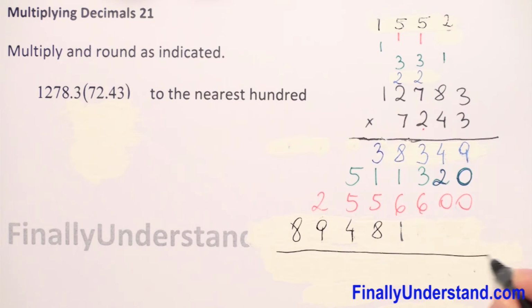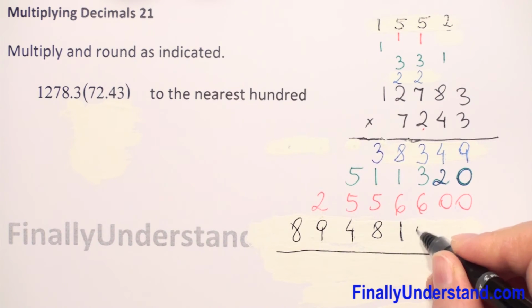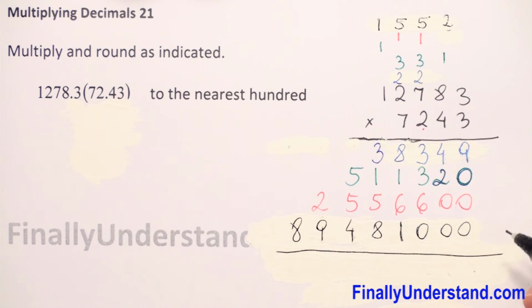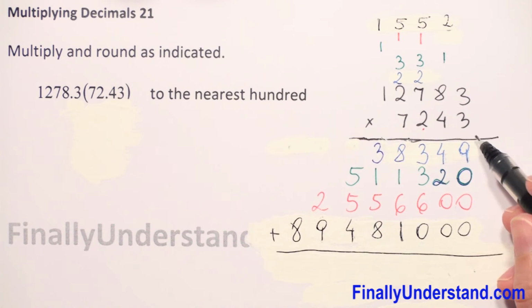Next we have to do addition. Of course we have here 1000. I forgot to add zeros. So now we add these 4 numbers.